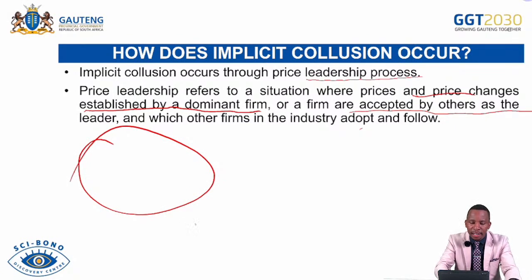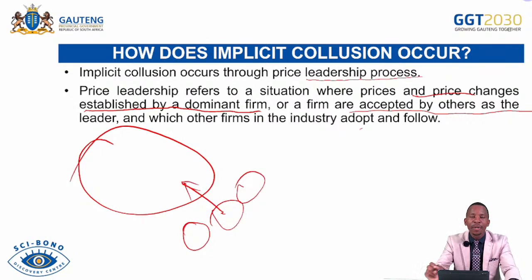And then the other firms that are dominated will decide to adopt the price taken by this dominant firm. Remember, the dominant firm should always be the firm with at least a higher market share within the industry, the firm with more consumers, the firm that is more efficient in the industry. It is regarded as a dominant firm, therefore that firm will be known as a price leader.